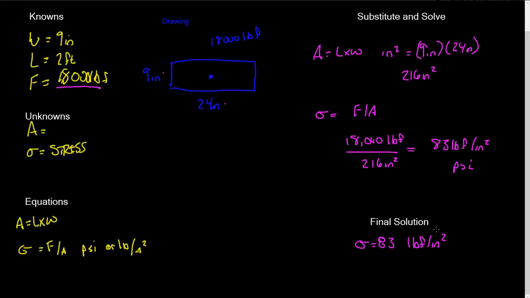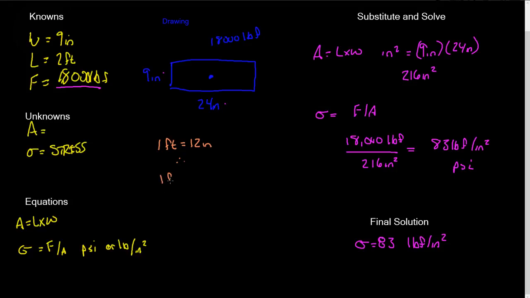Now, one part of this question asked us to convert it into pounds per foot squared. So that is a little bit of a different equation. There's two ways I can go about this, and I'm going to do this one over here in, actually, let me do it in off red. One way I can say that is 1 foot equals 12 inches.